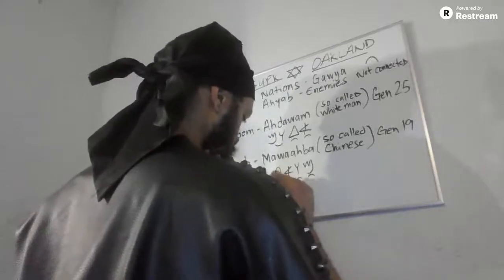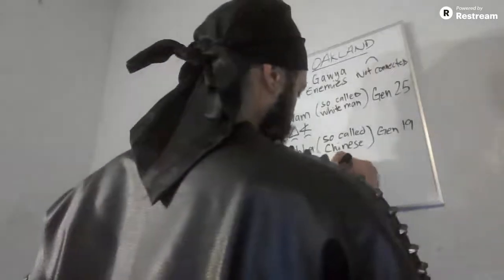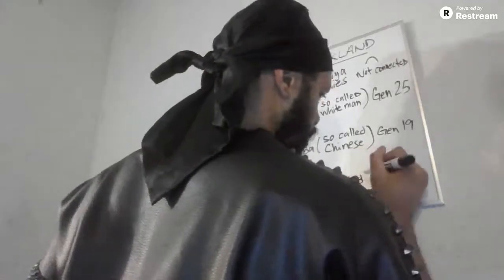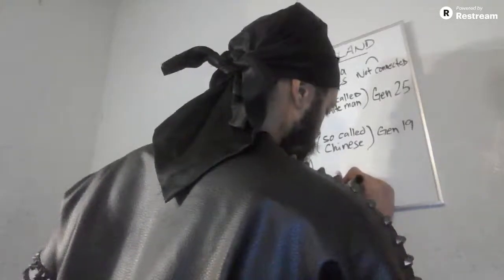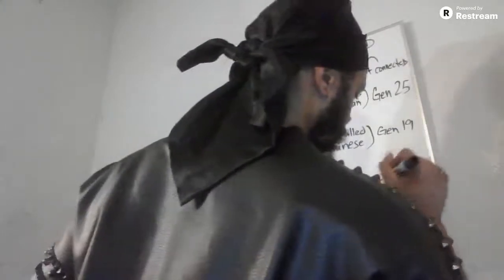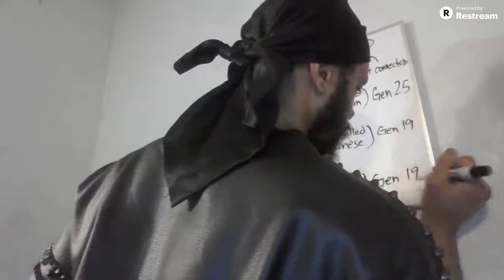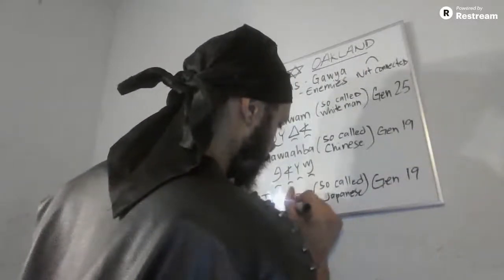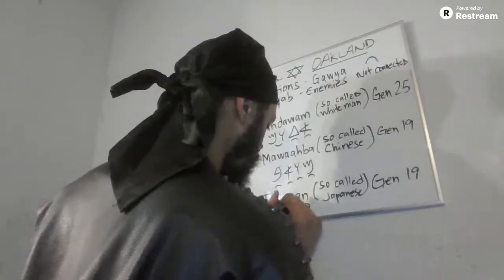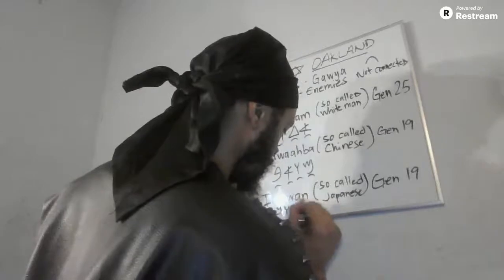Ammon. That's I'm a 1. That's the so-called Japanese. Once again, they are in Genesis chapter 19. I, ma, 1. Na, I, ma, 1.